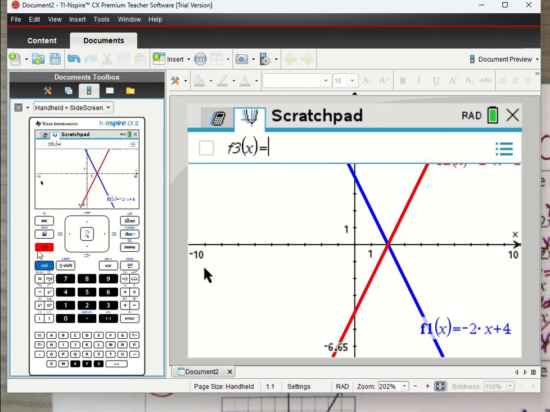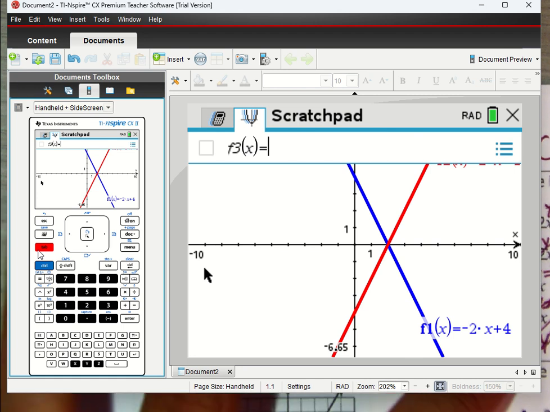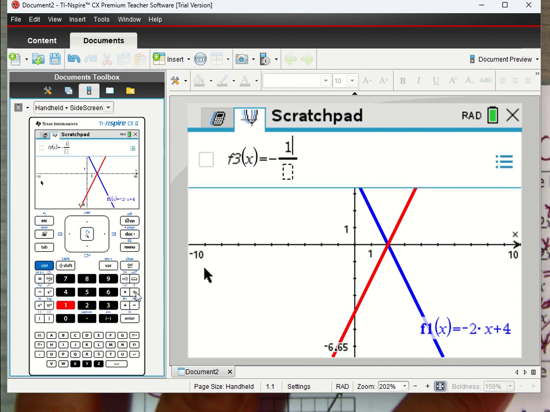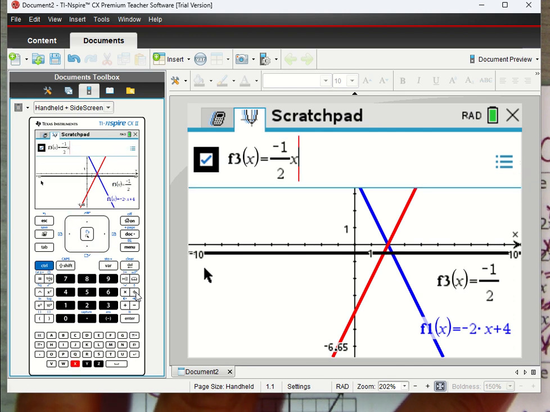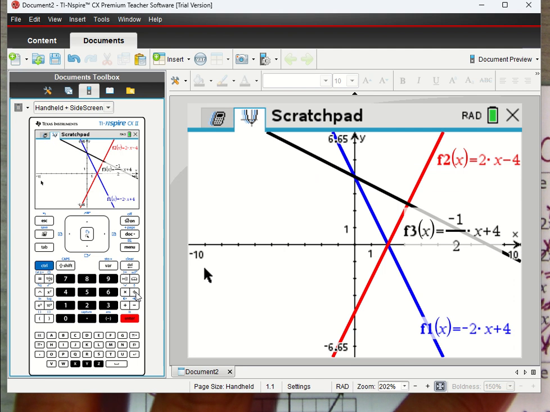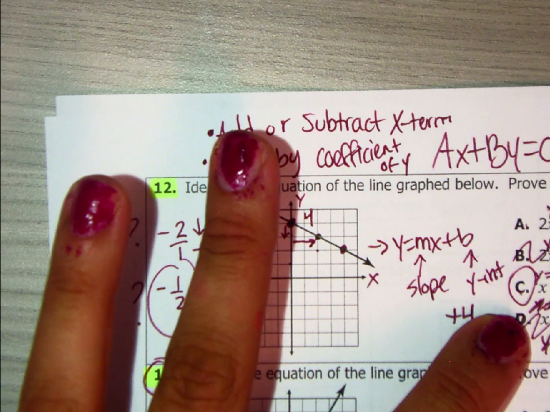Let's do another one. Y equals negative 1/2 x plus 4. So that black one does look like it's going down. It's touching at 4, and the x-intercept looks like it's at 8.